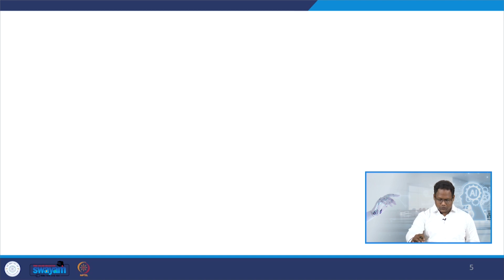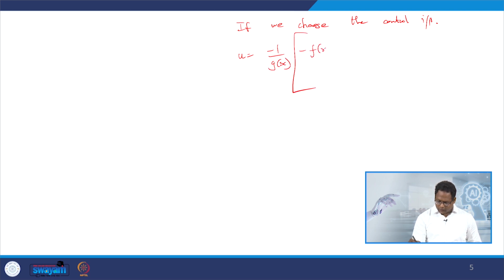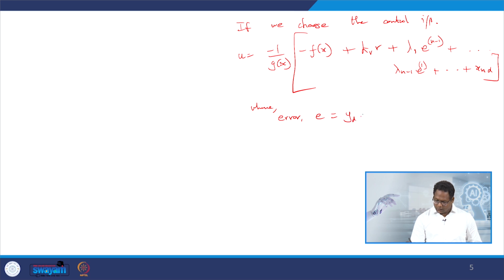Okay. So, if we choose the control input given by u equal to 1 by g of x multiplied by minus f of x plus K v r plus lambda 1 multiplied by e power n-th derivative plus, continuing, lambda n minus 1 first derivative of the error plus x n d, where E is the error, given by y desired minus y actual.